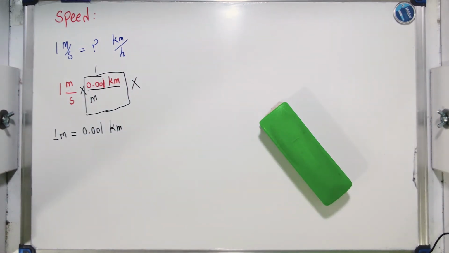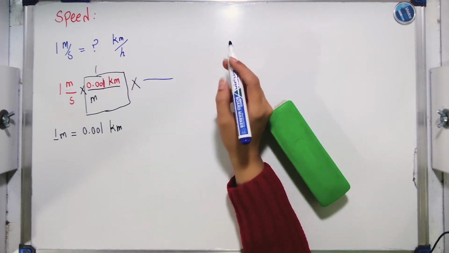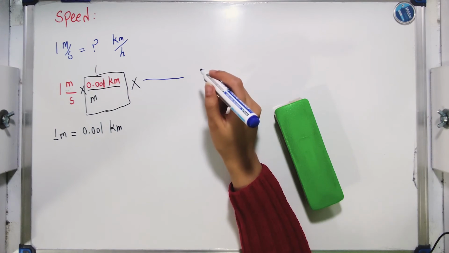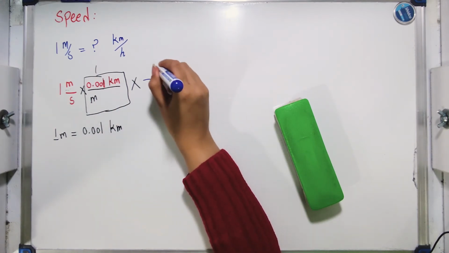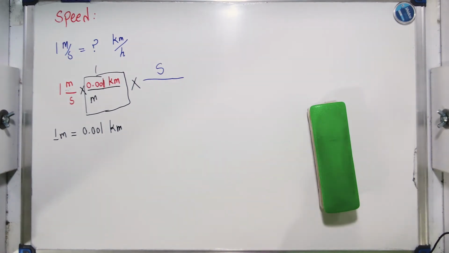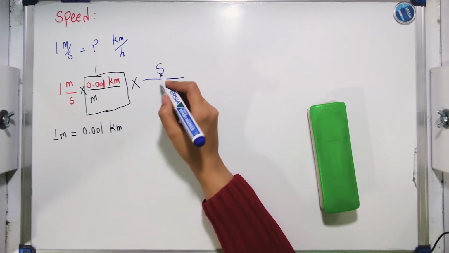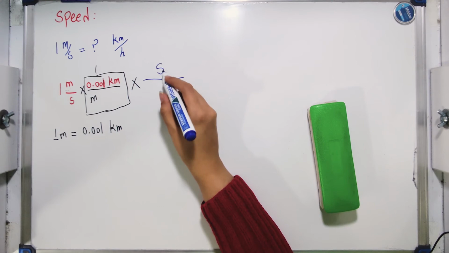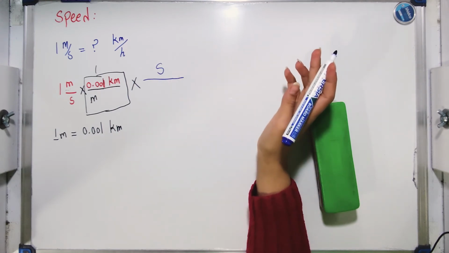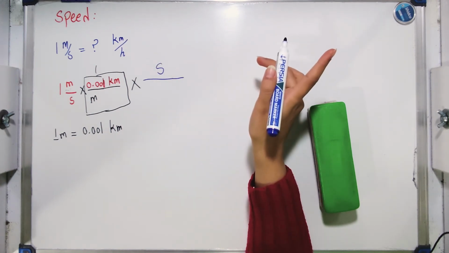Now let's go to convert the s part, the seconds part. A fraction line, a multiplication sign, a fraction line again. S is down, so I have to put another S up. The same process. If I put S here, I'm just removing one S, making one S. It doesn't make sense. And I have to keep this fraction equal to 1.